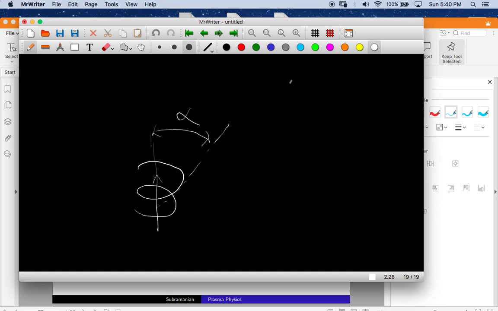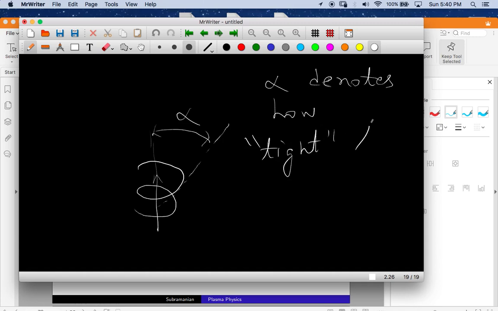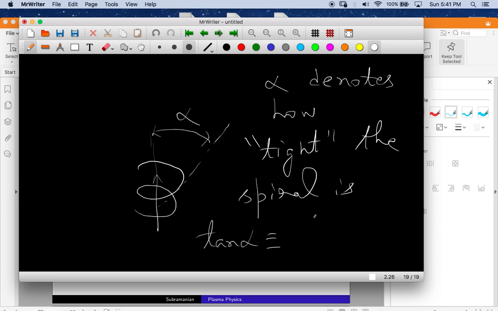The pitch angle alpha denotes how tight the spiral is. And tan alpha is something like that.